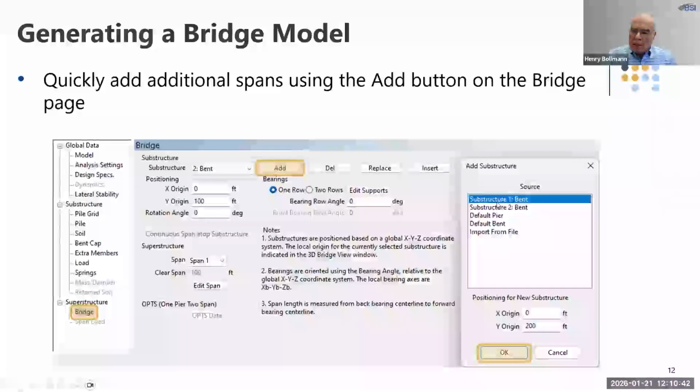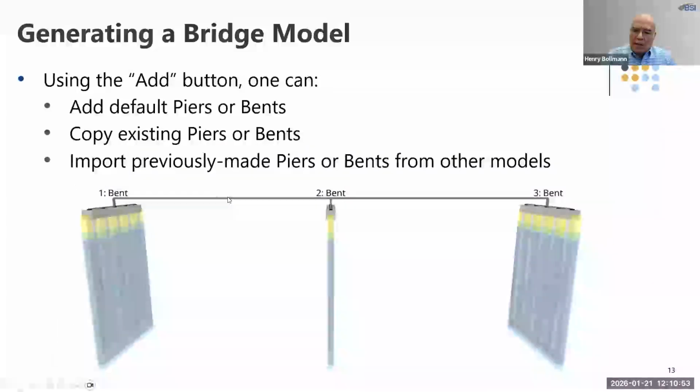In this case, I've got the source as bent 1, and I'm just going to use it, and I'm going to add and make more bents. And you can just click add, and you could have 20 piers in 1 second, okay? Obviously, you don't want to do that, but that's how fast you could do it.